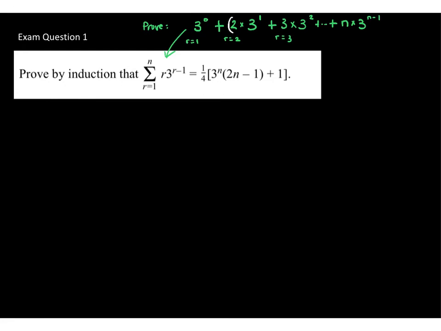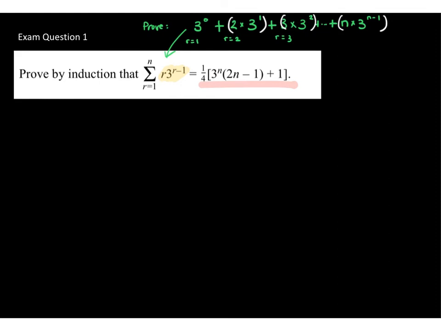Now, these brackets are fairly meaningless, but I'll just put them in for clarity so you can see the terms separated together. So we are proving that the sum of the n terms of the sequence generated by this formula here is given by this result here.